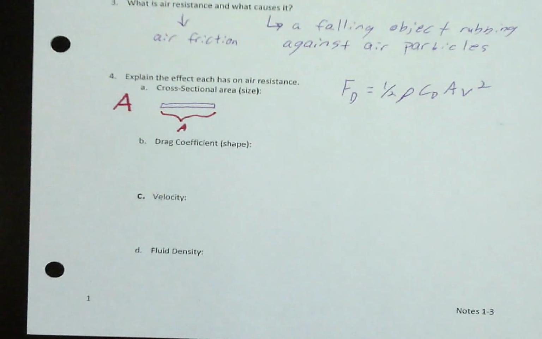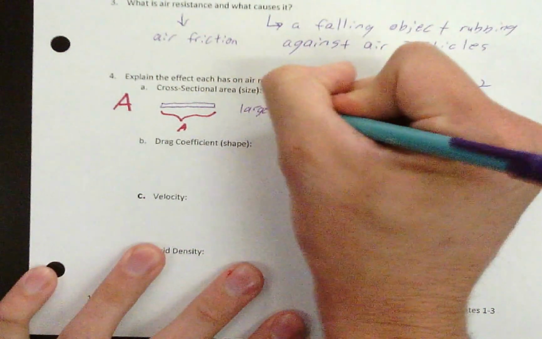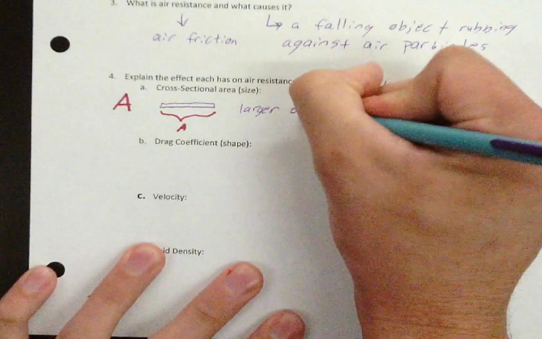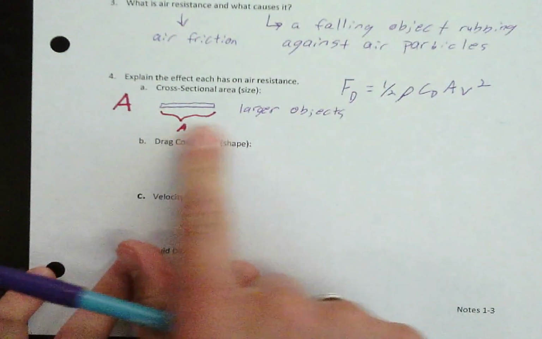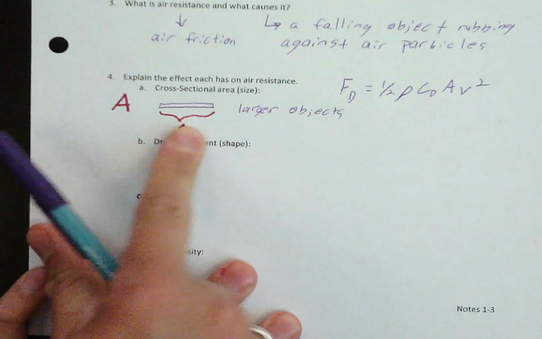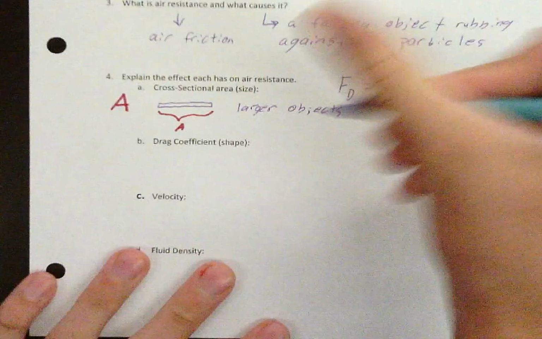Okay? So what's the effect that it has? Basically, larger objects, again, I'm talking about the surface area. So largish, flattish objects are going to have more air resistance.